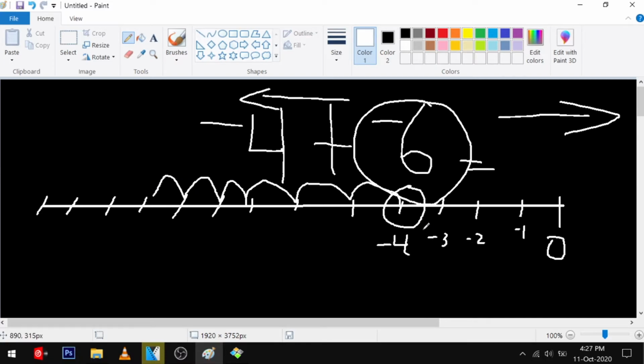So let's look at it. We are at negative 4, negative 5, negative 6, negative 7, negative 8, negative 9, negative 10. Easy, right? Let's try another one.